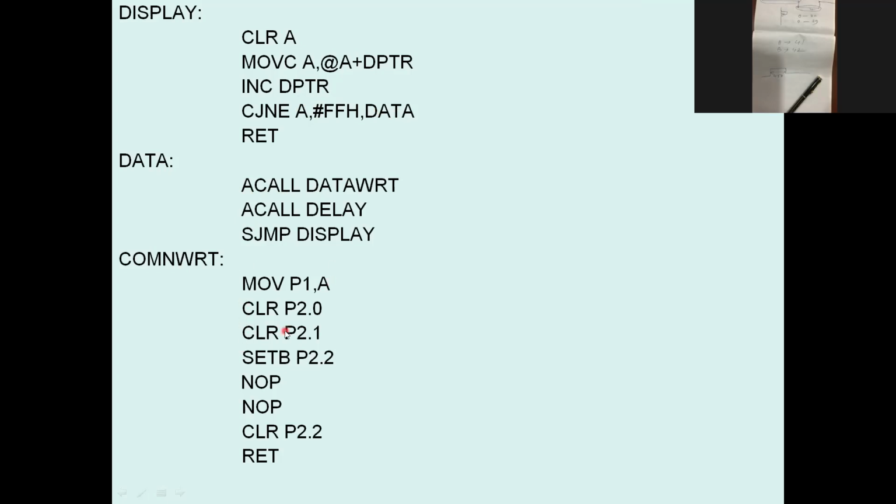What will be the change in the data word? Only the value of P2.0: for the command word it is cleared, and for display it should be 1.